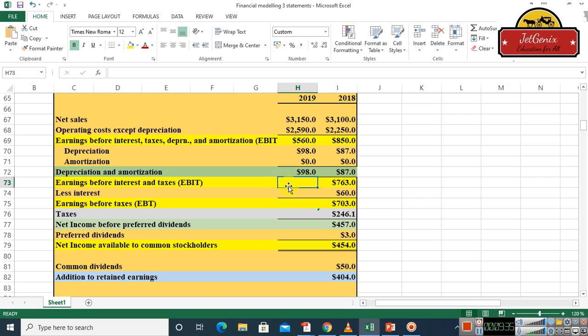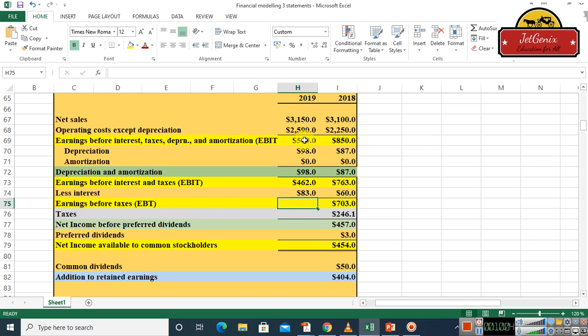And now I am going to calculate EBIT by selecting the earning before interest, taxes, depreciation and amortization and subtracting the depreciation and amortization. So it is $462. Let's assume the interest expense for 2019 is 83 million.